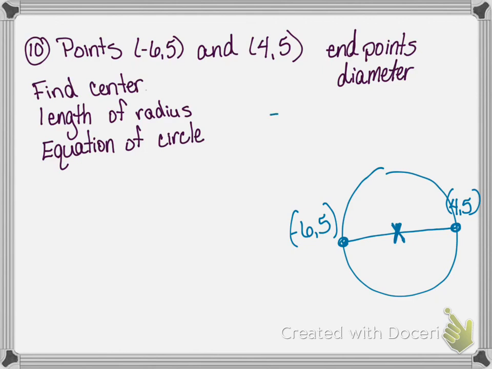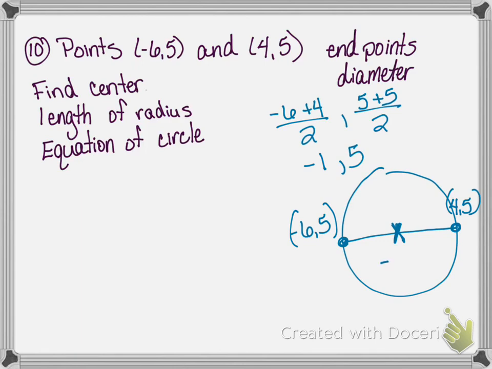So I have negative 6 plus 4 divided by 2, and then I have 5 plus 5 divided by 2. Negative 6 plus 4 is negative 2, and negative 2 divided by 2 is negative 1. 5 plus 5 is 10, divided by 2 is 5.